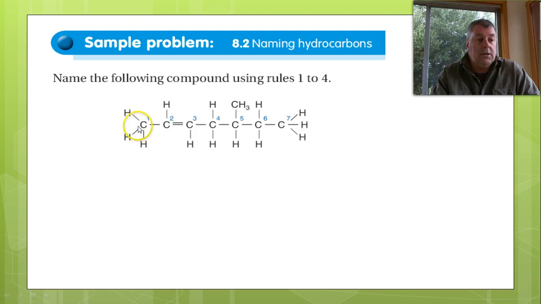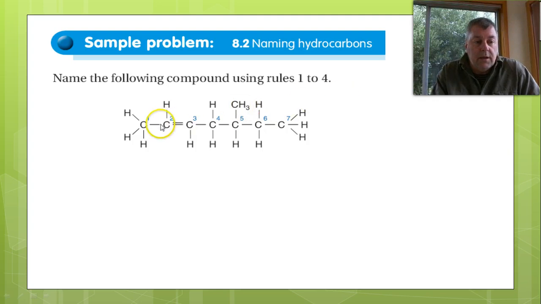Here's our chain, so we look at it quickly. We've got 1, 2, 3, 4, 5, 6, 7 carbons in the chain, and we've got a double bond there. And the other thing of interest is this guy here, which is a branch, and it's got 1 carbon in it, so that's going to be meth, and because it's a branch it's going to be methyl.